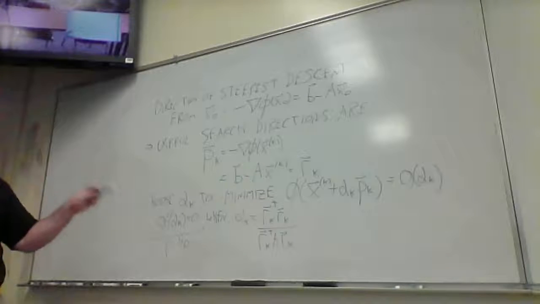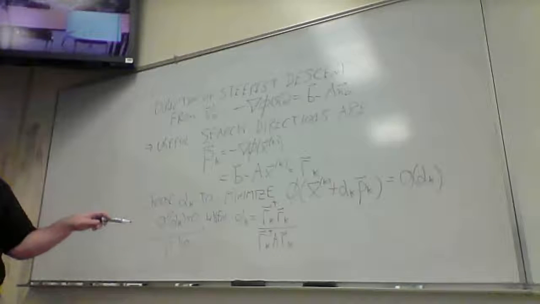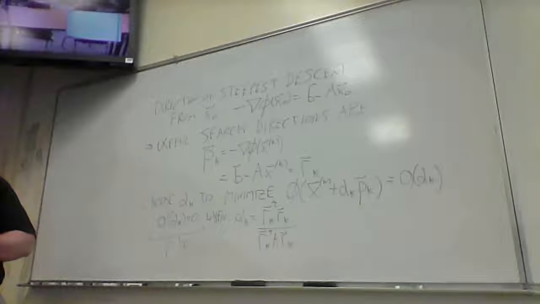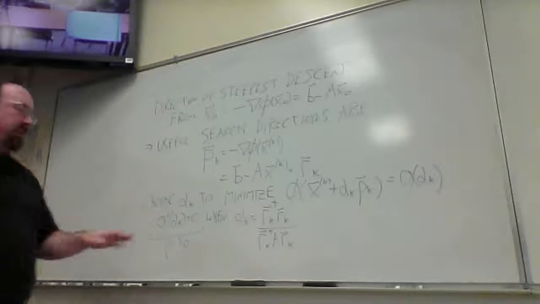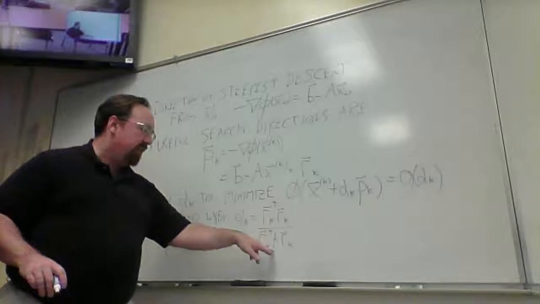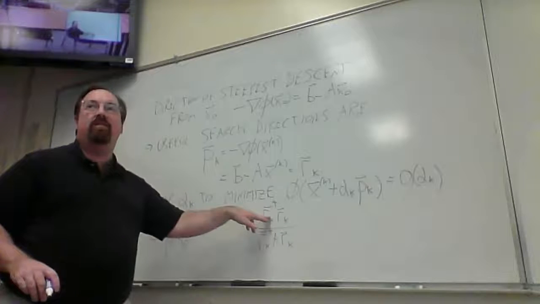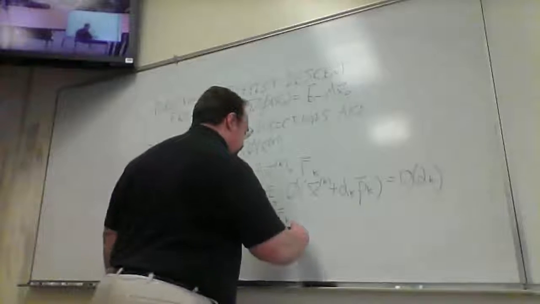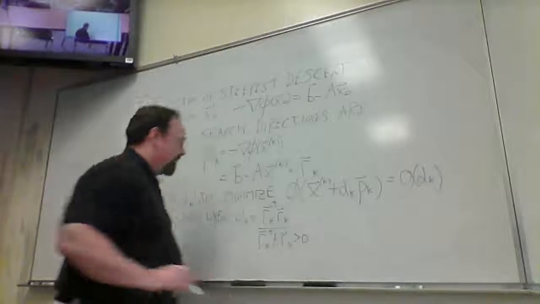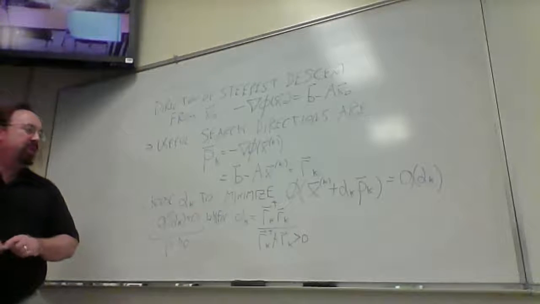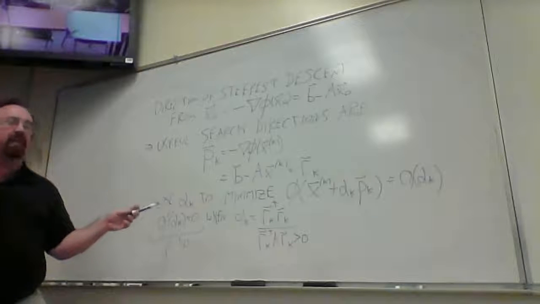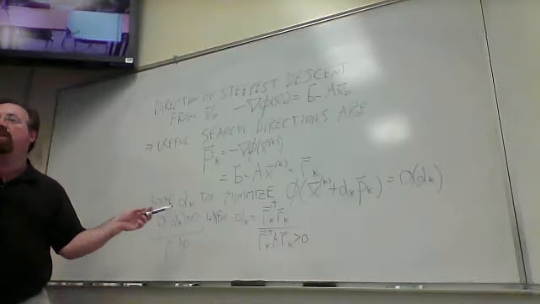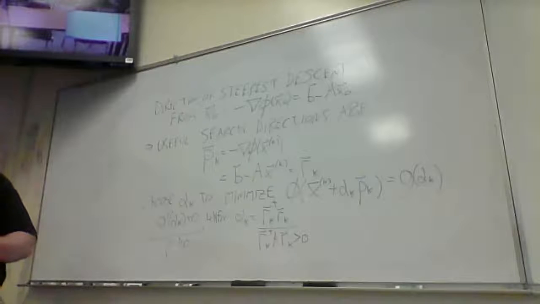How come we never need to worry about dividing by 0? Because A is symmetric positive definite. By definition, assuming that rk is non-zero, which it's going to be because we have not yet converged, this denominator is going to be positive. So what does it tell us about alpha k as a whole?